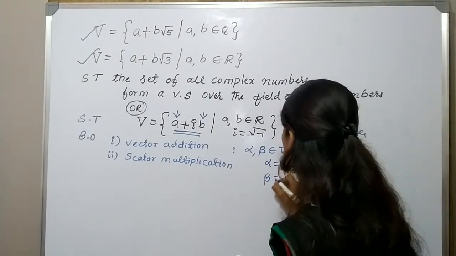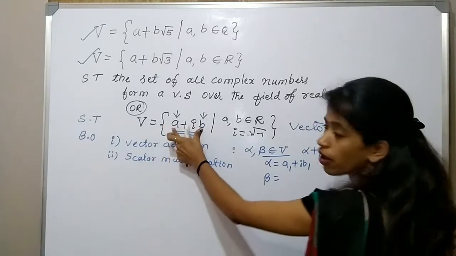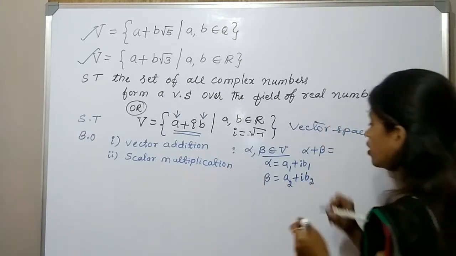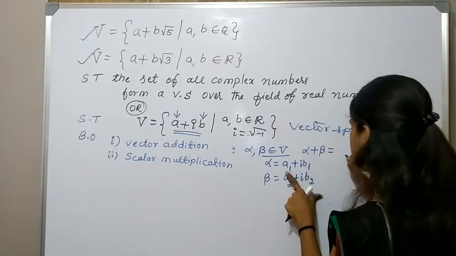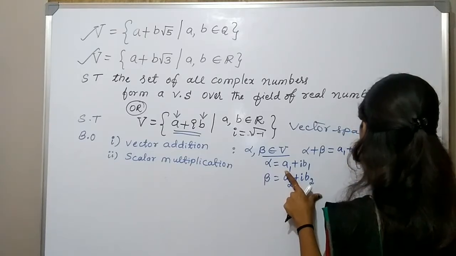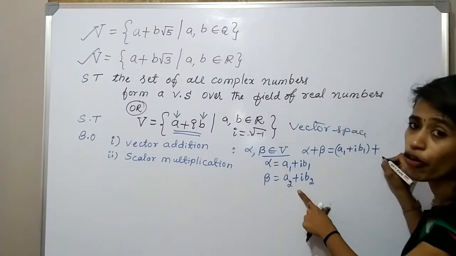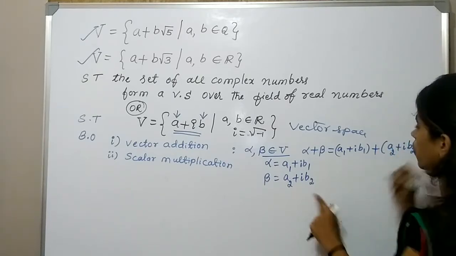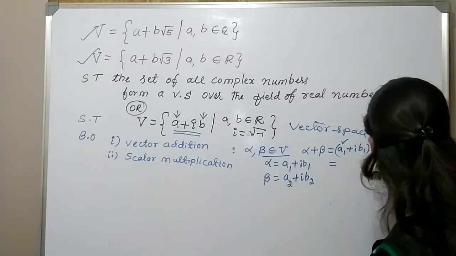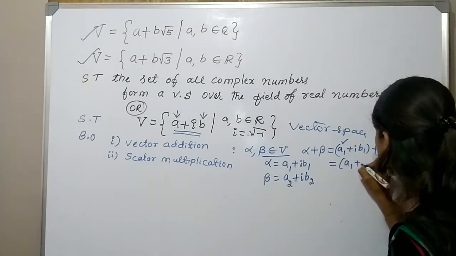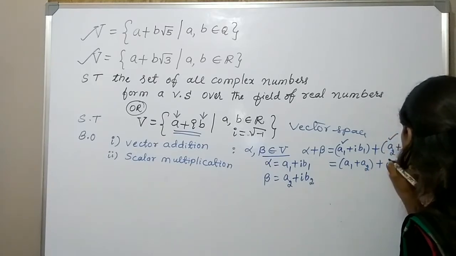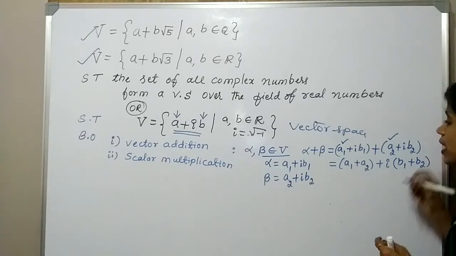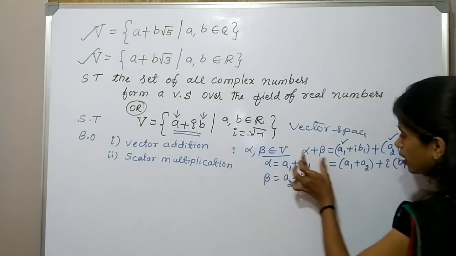Beta also belongs to V, so beta is a2 plus ib2. Now in place of alpha and beta, we have a1 plus ib1 plus a2 plus ib2. Adding the real parts first, that is a1 plus a2, plus i into the imaginary part b1 plus b2. So that is the vector addition, alpha plus beta.